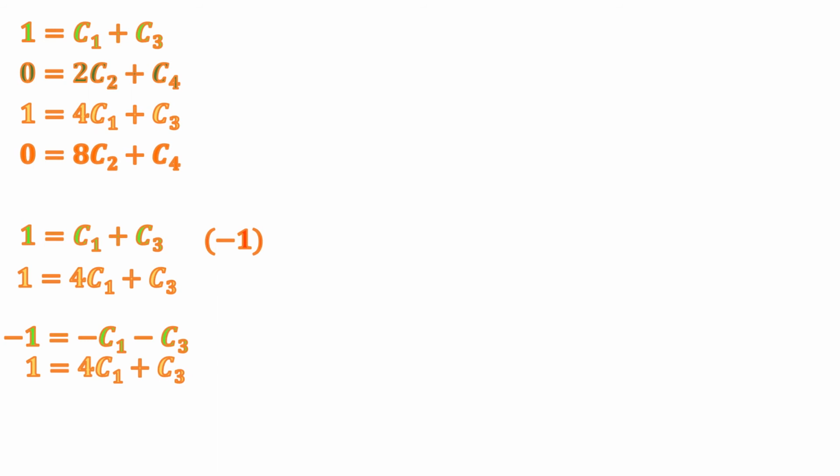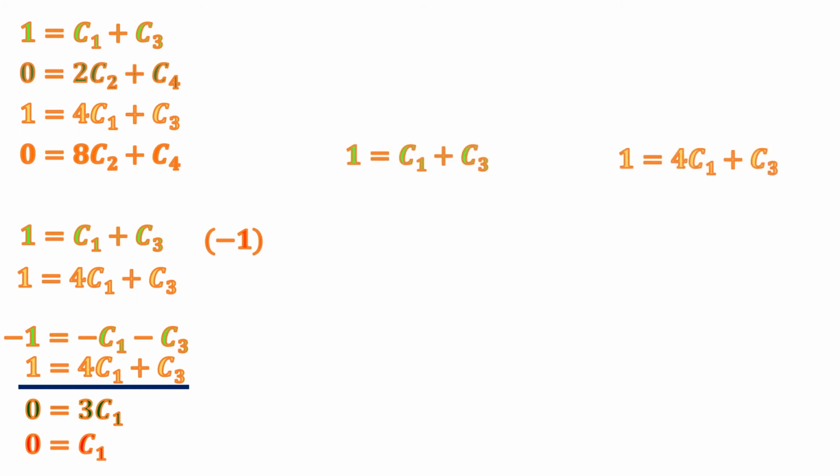Then we combine. So negative 1 plus 1 is 0. Negative c1 plus 4c1 is positive 3c1. So we'll divide both by 3, so it becomes 0. So c1 is 0. Now since we know that c1 is 0, we can solve for c3 in either of these equations.